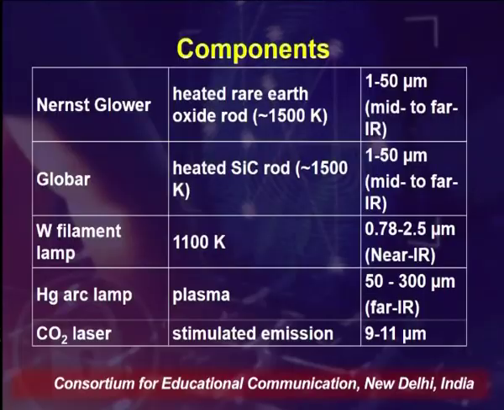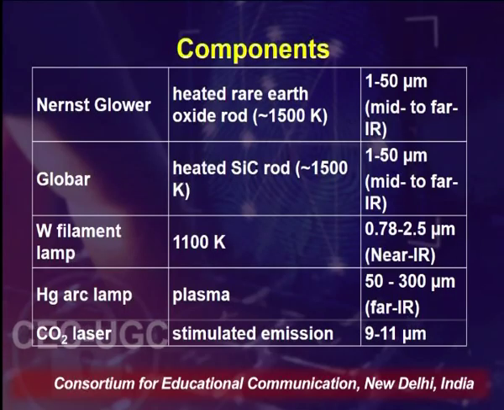These are certain examples of various sources which we can use for IR radiation. The one is the Nernst glower, which is a heated rare earth oxide rod which has a temperature of around 1500 Kelvin. It gives an IR region of 1 to 50 micrometer. Then we have globar, which is basically a heated silicon carbide rod. The temperature reaches similar to 1500 K, and the region is mid to far IR region.